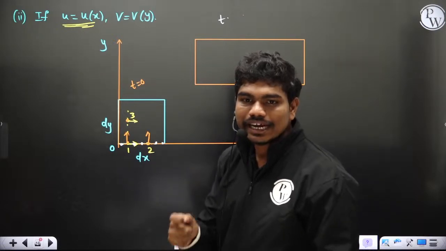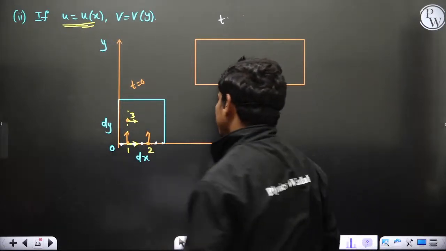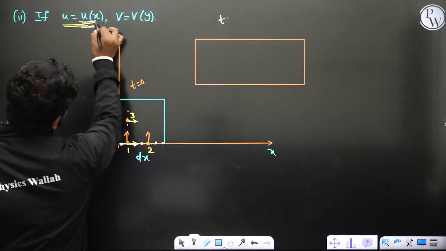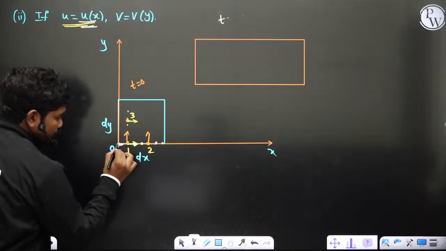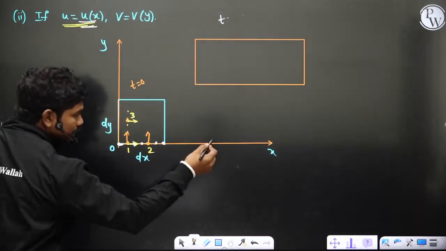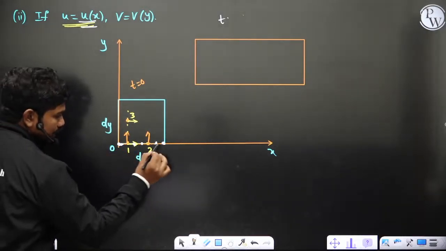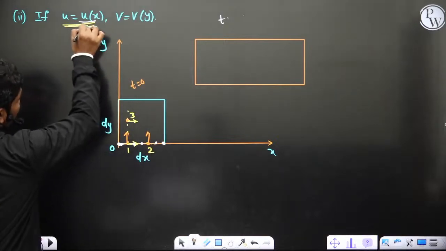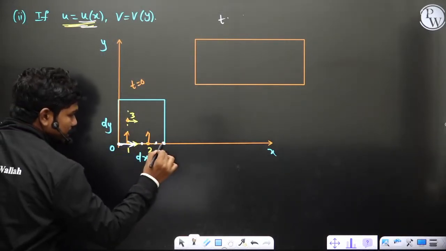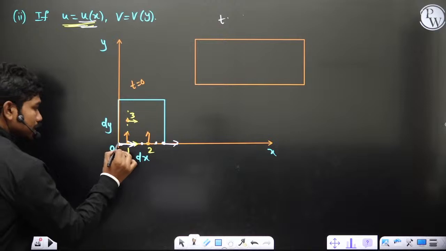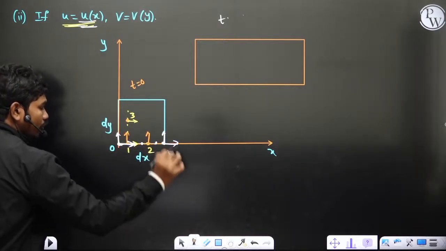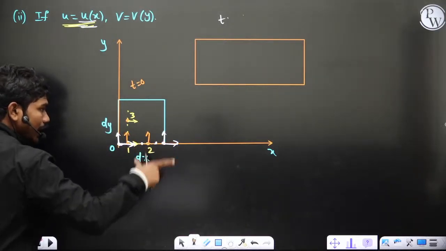But you'll have only linear strains. The reason for this is, see, whenever u depends on x, the velocity between this particle and this particle will be different in the x direction, yes or no? Because the x coordinate is different for these 2. Since u depends on x, the velocities in the horizontal direction for these 2 are different, okay? They travel with the same y velocity, but with different x components of velocity.